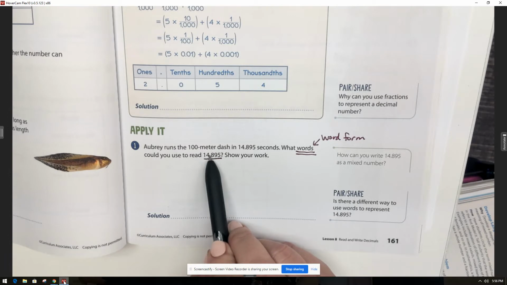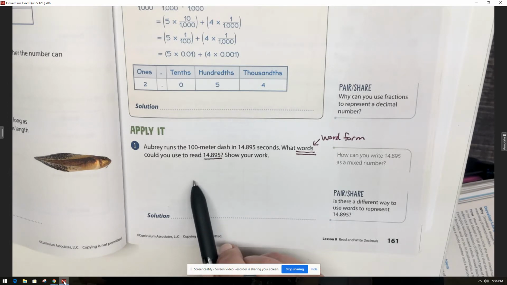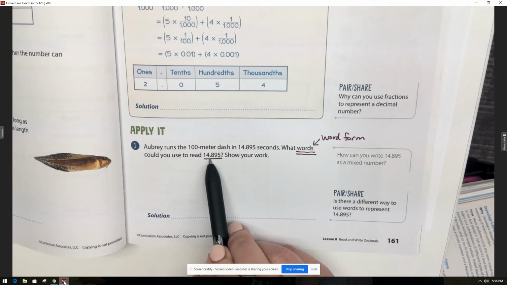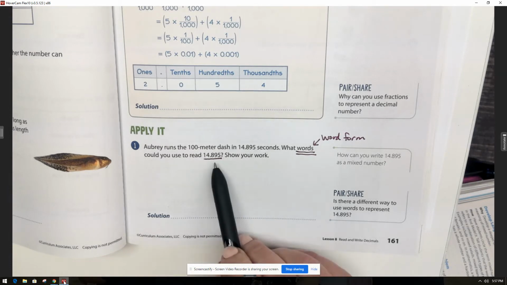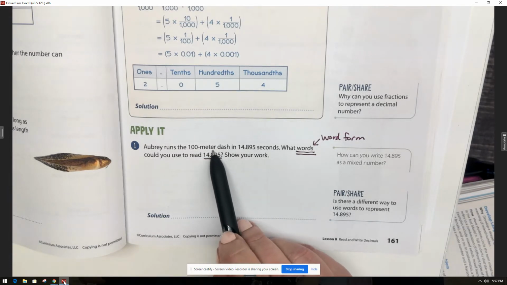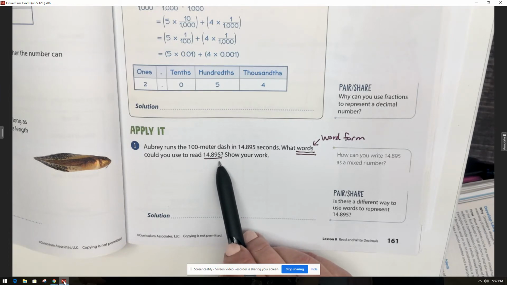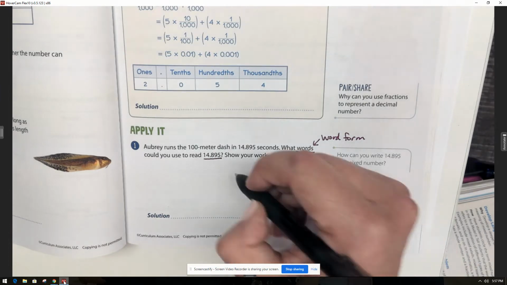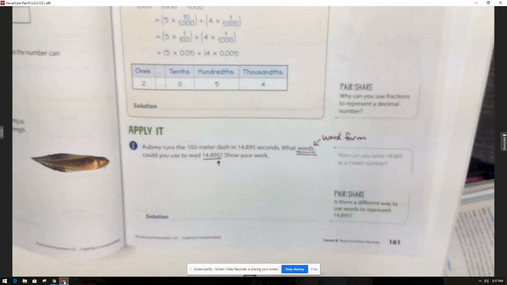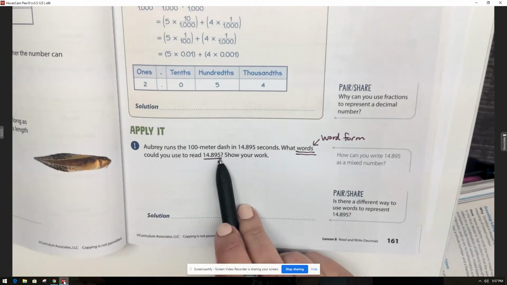So remember the three steps. First, you write the whole in words. Then you change the decimal point to the word that means a decimal point. And then finally, you'll look at all the part that comes after the decimal point all together and write it down. And then look at the place value of the least number. What is the place value of the least number in this number?